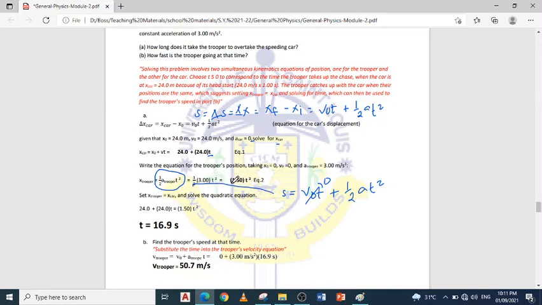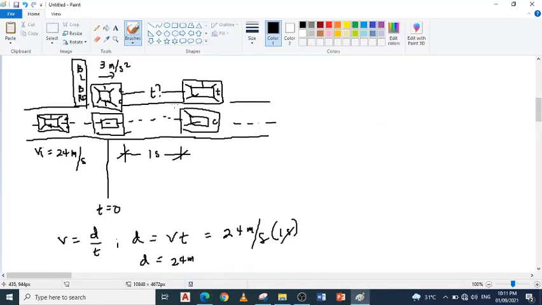And then, okay. As according on our representation, okay? So, ano daw yung distance nung, syempre, since hinabol ni trooper si car, okay? So, pareho na sila ng distance.